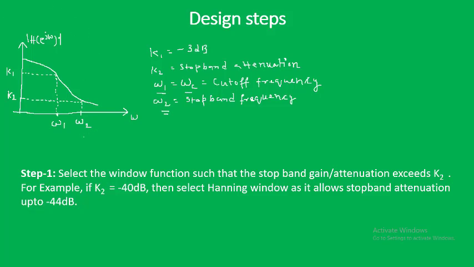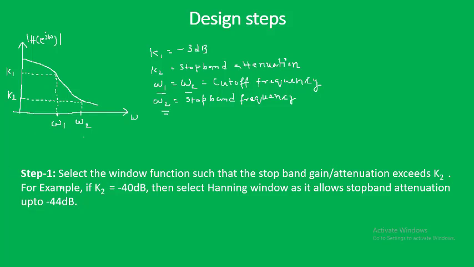Once again I request you, whenever you solve any such design problems, please show it pictorially so that it will be easier for the examiner to understand, and clear for you also. The probability of error will be minimized.